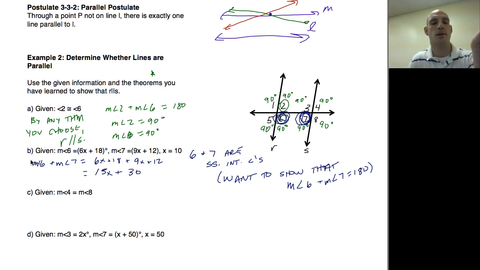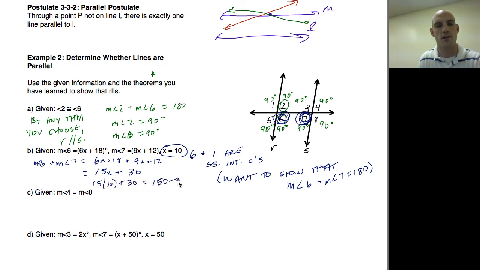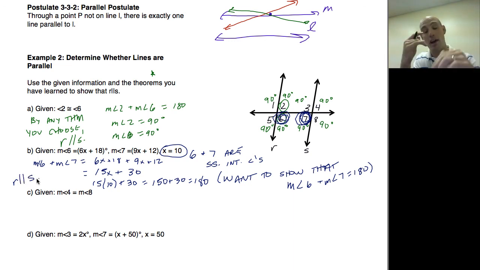What if I waited and substituted in x right now? Because I added those two angles together, they just happen to have x's in them. And I substituted in, I get 15 times 10 plus 30 equals 150 plus 30 equals 180. My conclusion is R is parallel to S because same side interior angles were supplementary, sorry.